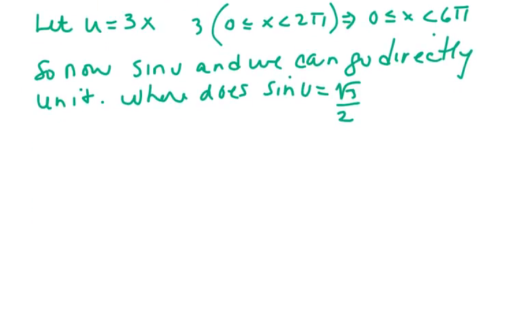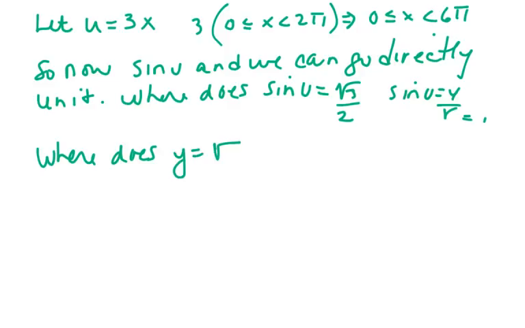If you think of the unit circle, it happens in the first and the second quadrant because your y is positive in the first and second quadrant. Remember that sine of u is equal to y over r, and r is equal to 1 on the unit circle, so where does y equal the root of 3 over 2?